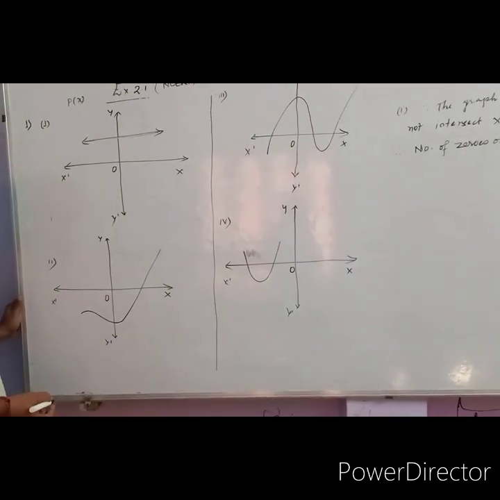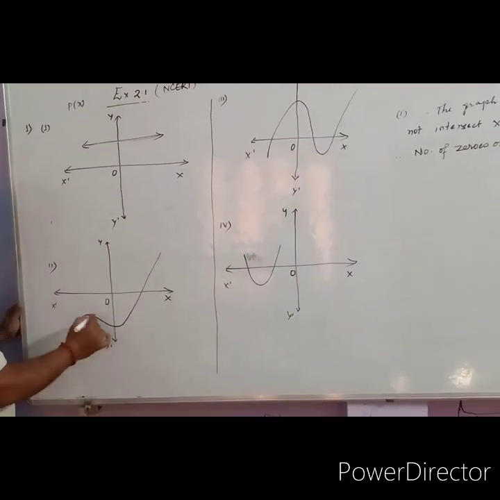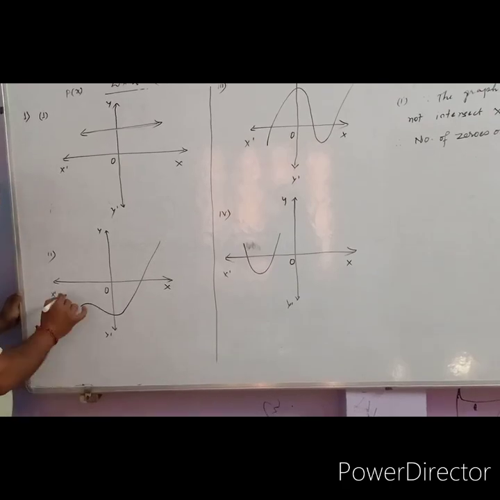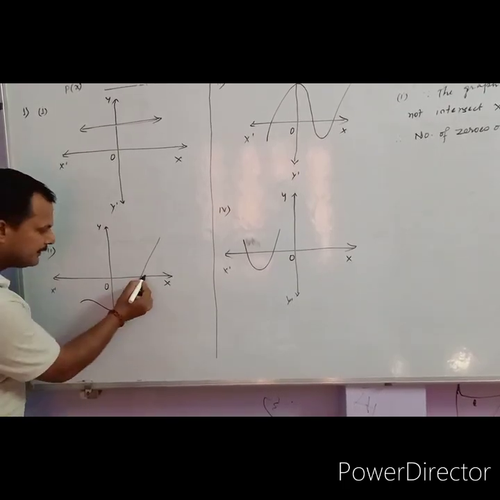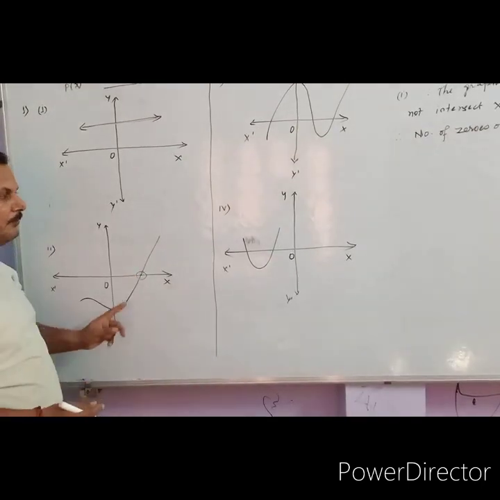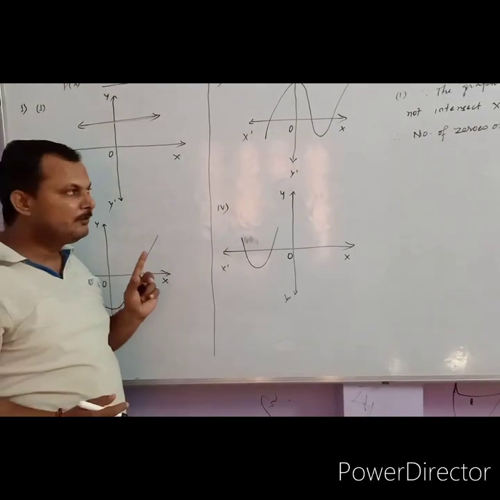Now the second question. You observe the x-axis and y-axis; the graph is given like this. This graph intersects the x-axis at the point you see here. So what is the number of zeros for this polynomial? 1.